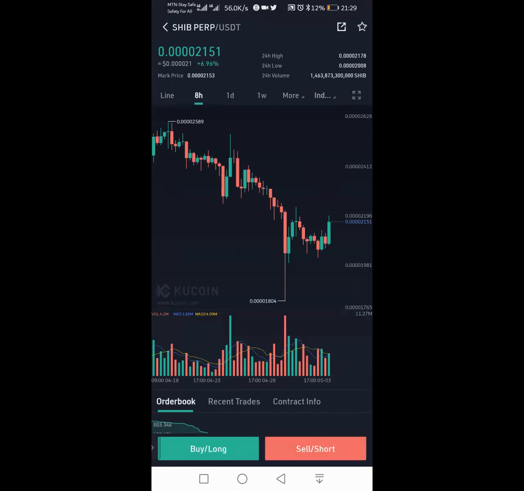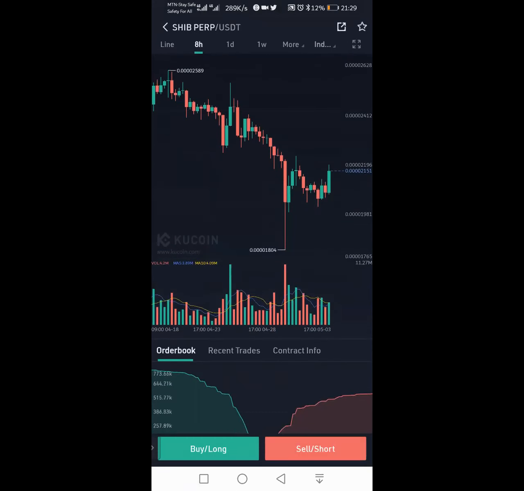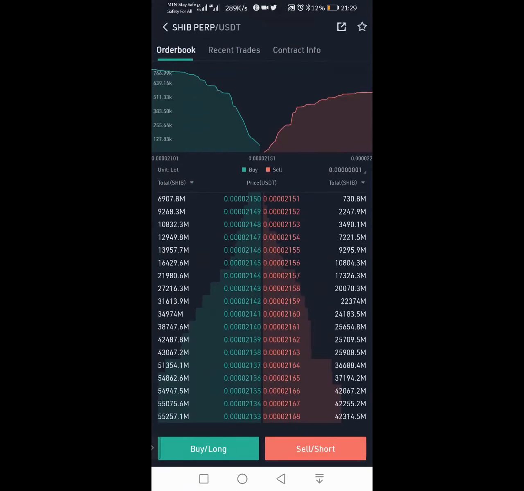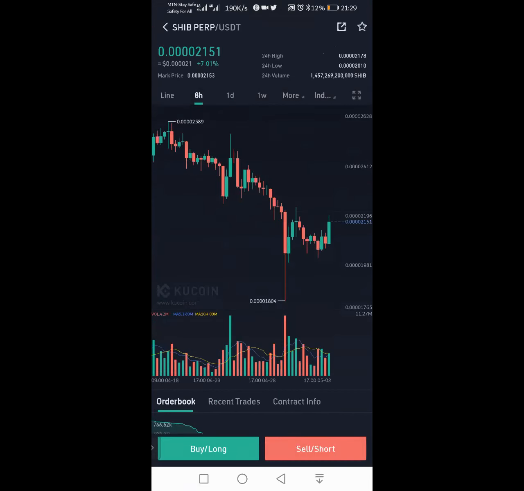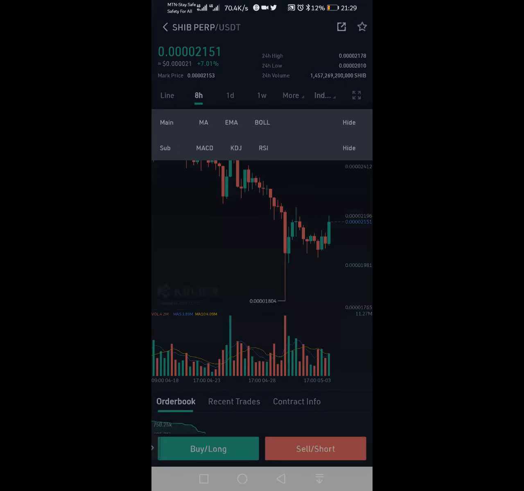Okay, I'm trying to check out something on KuCoin. KuCoin is more like Binance though. Exactly, that's what I thought. It's quite good, KuCoin. More like Binance. Your EMA, your Bollinger, Ichimoku, then Kijun, then RSI rising.